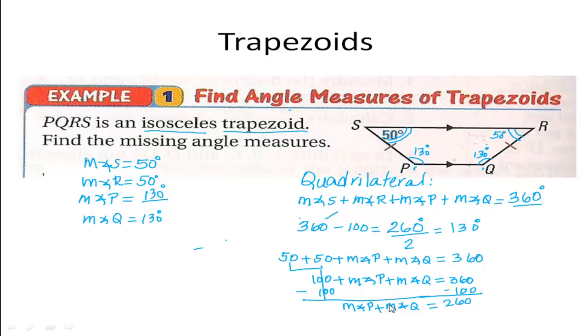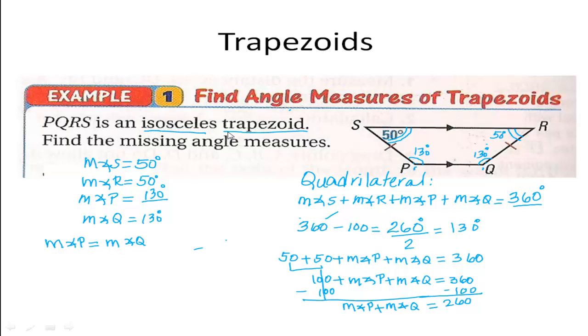260. Now, very important here, the measure of angle P and the measure of angle Q are equal. So let me write off to the side that I know that the measure of angle P is equal to the measure of angle Q. How do I know?